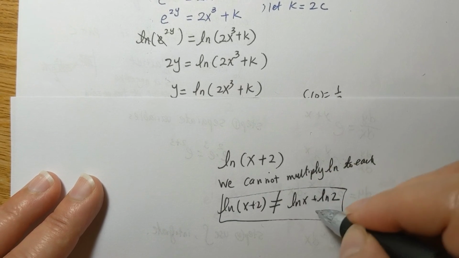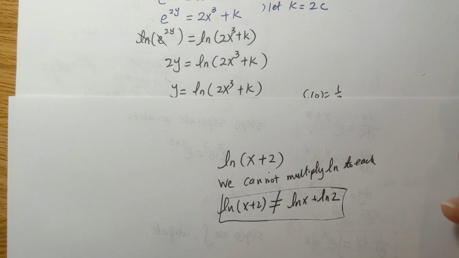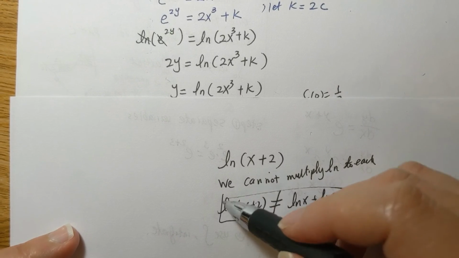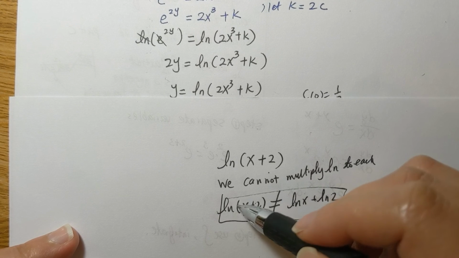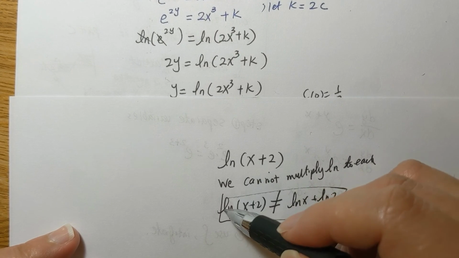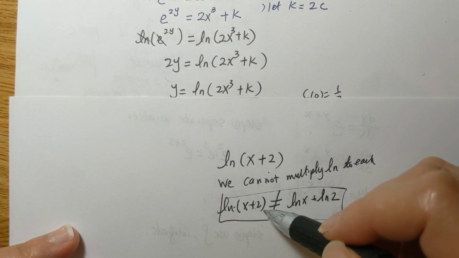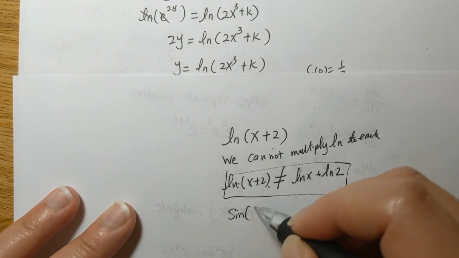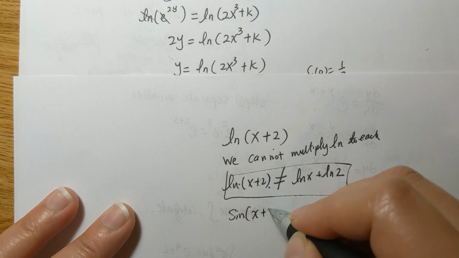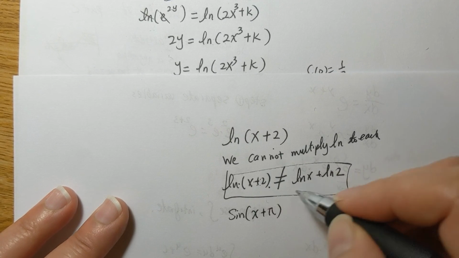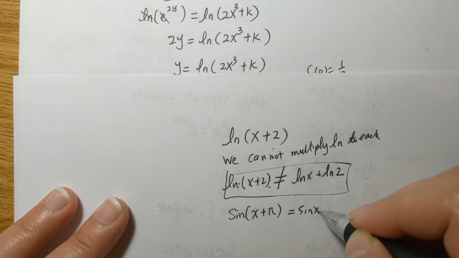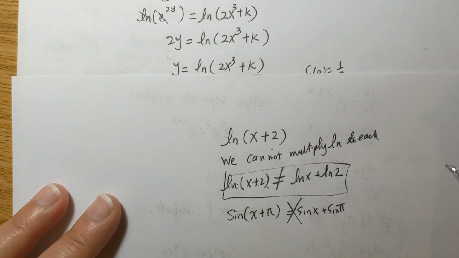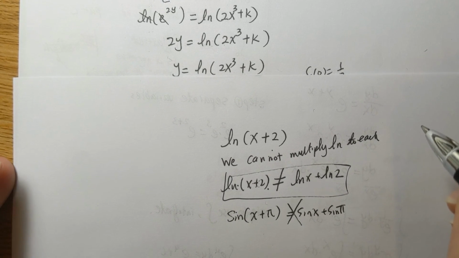You cannot do that, okay? So there's something that you have to remember. You cannot distribute ln. This is a function, ln of x plus 2. Just like if you have sine of x plus pi, you cannot multiply into sine x plus sine pi. That is wrong. It's not correct.